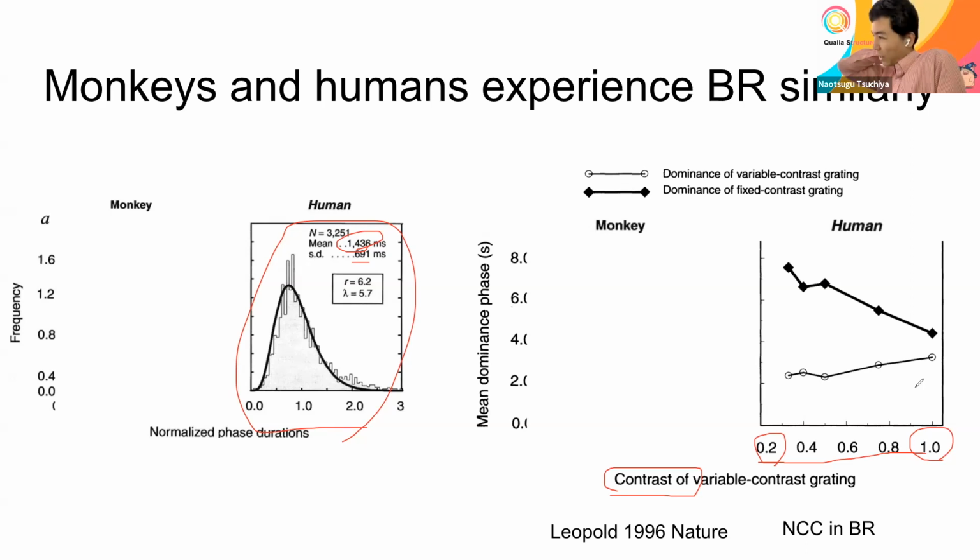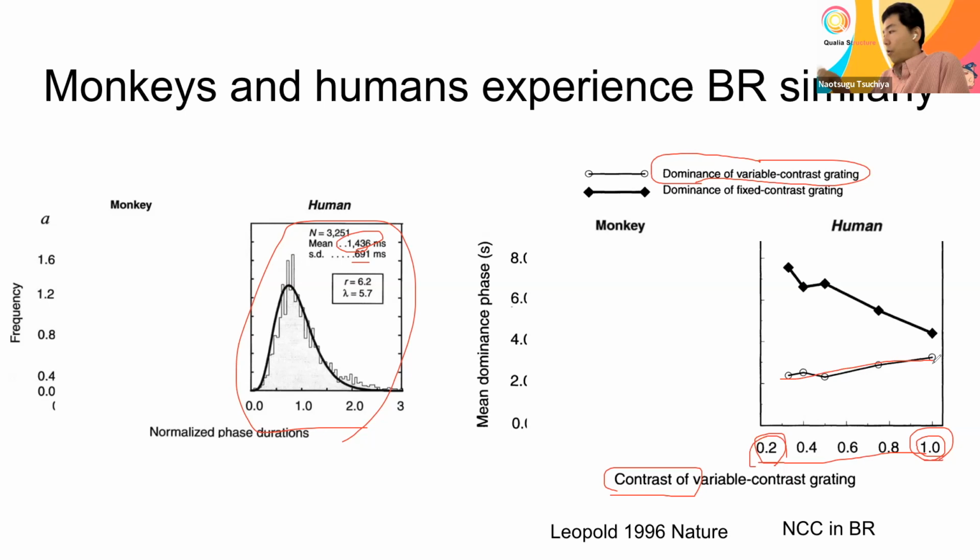But it's already put on as an answer, so maybe I'll just continue to explain. The dominance duration of the stimulus whose contrast is changed from 0.2 to 1.0 stays the same.